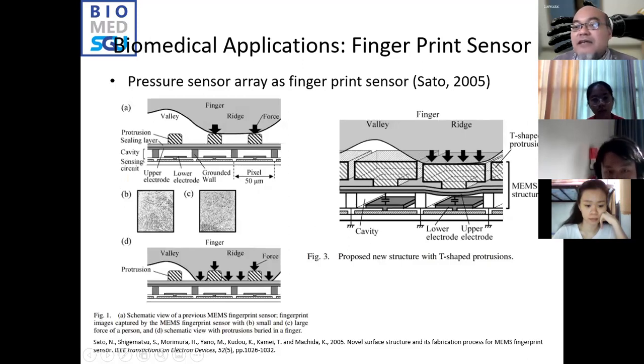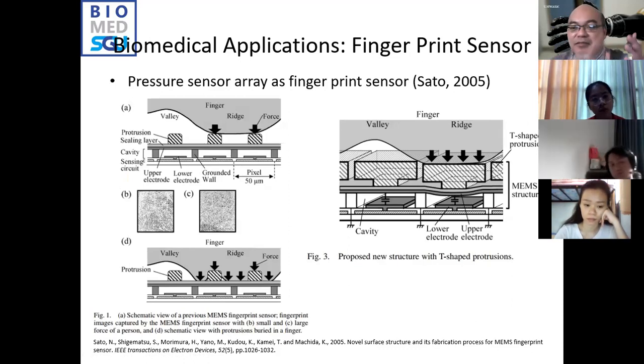One application of this array of capacitive sensors is as a fingerprint sensor. Actually, your smartphone applies capacitance-based sensing. That's why the touch sensor applies a capacitive sensor as well.